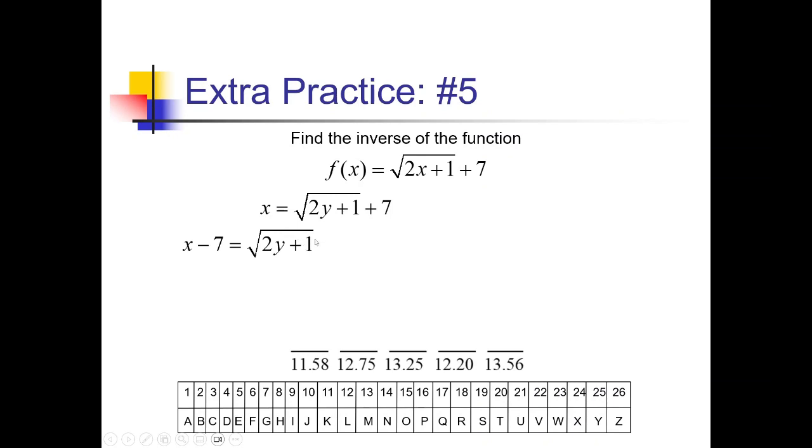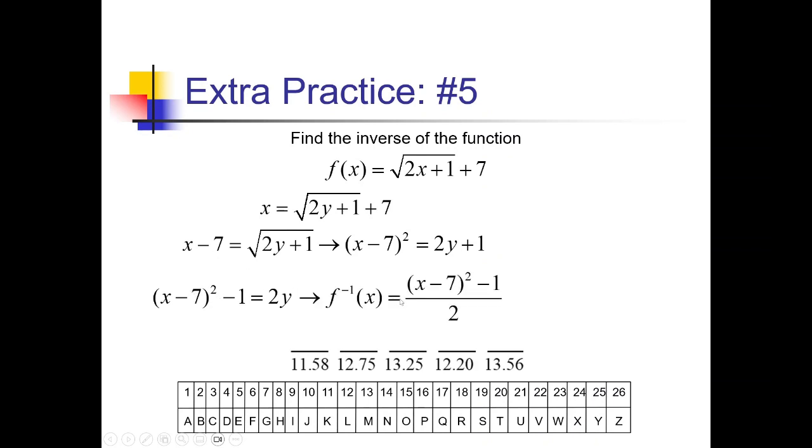So just peeling an onion layer by layer, starting on the outside, working our way in. So I'll write this as x minus 7 squared equals 2y plus 1. I just squared both sides. Next up, let me subtract the 1. And then finally, dividing by 2, I have f inverse equals (x minus 7) squared minus 1, all over 2.